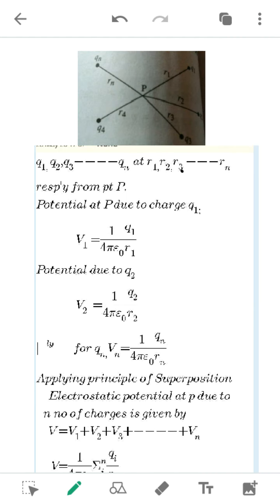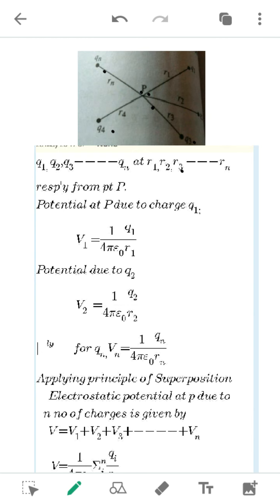From the diagram, or the figure, you can see there is a center point P. Away from that point there are a number of charges, that is n number of charges, like q1, q2, q3, q4, qn.